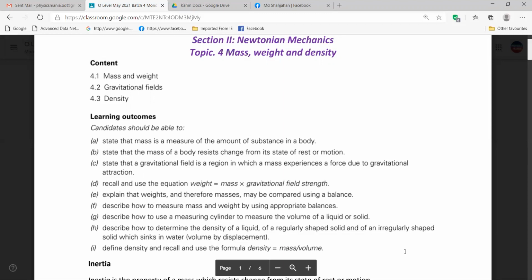H. Describe how to determine the density of a liquid, of a regular shaped solid, and of an irregular shaped solid which sinks in water, volume by displacement. I. Define density and recall and use the formula density is equal to mass divided by volume.